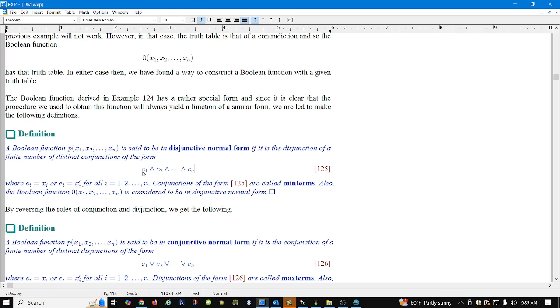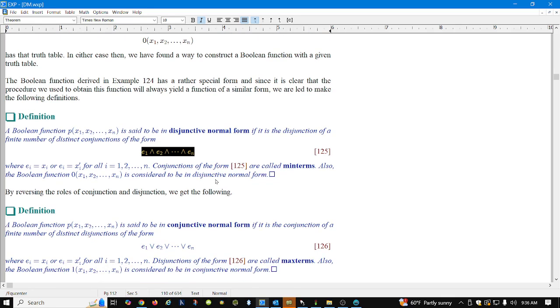These conjunctions have different names depending on who you ask, but sometimes they're called min terms. There are some other names for it. Frankly, I can't remember offhand what they are. You can just call them terms in the disjunctive normal form, but min terms, I think, is a standard terminology.